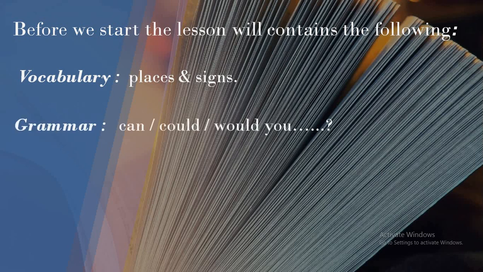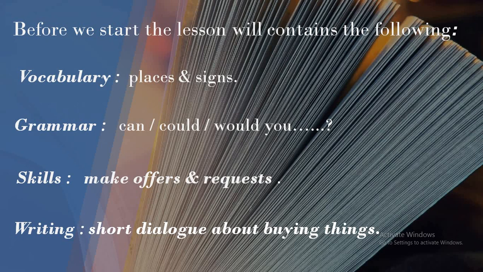In grammar, we will study can, could, would you. In skills, we will learn how to make offers and requests. In writing, you will learn how to write a short dialogue about buying things.